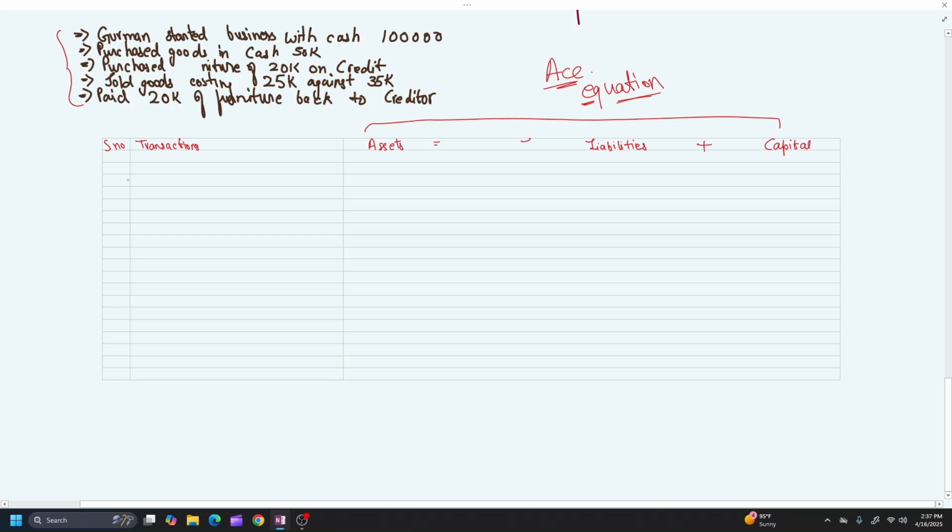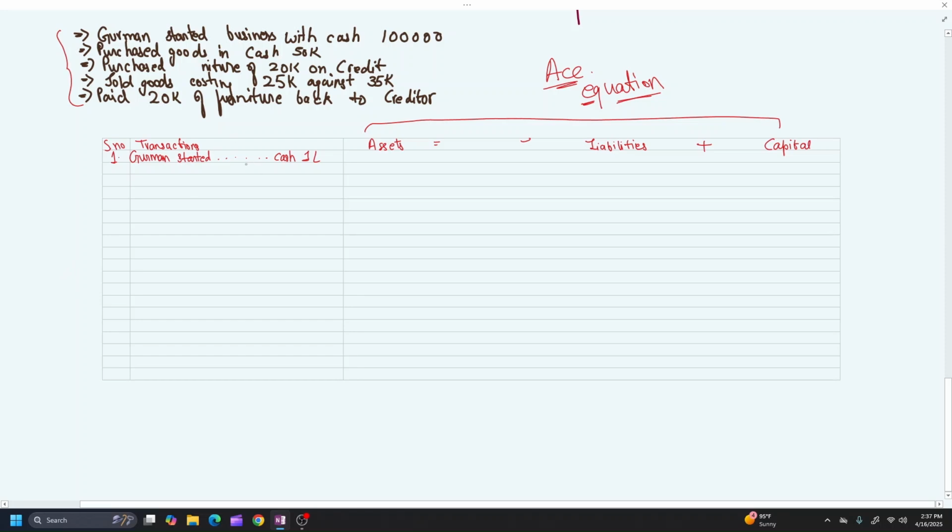Now first, Gurman started business with cash 1 lakh. First you'll write it here. Gurman started business with cash 1 lakh. You can't draw the dot here in your examination.